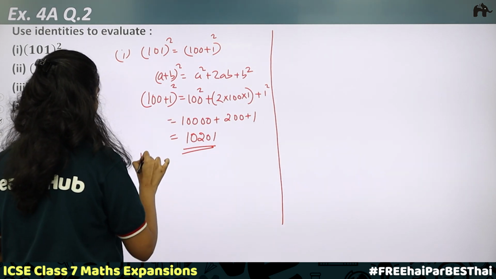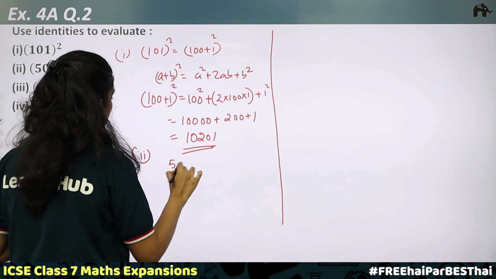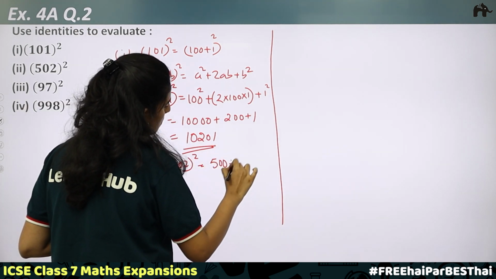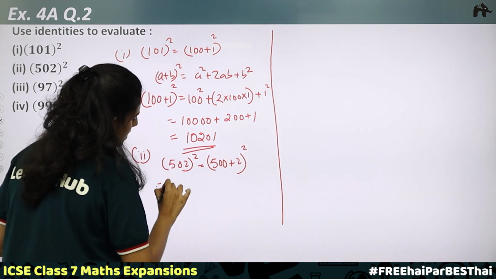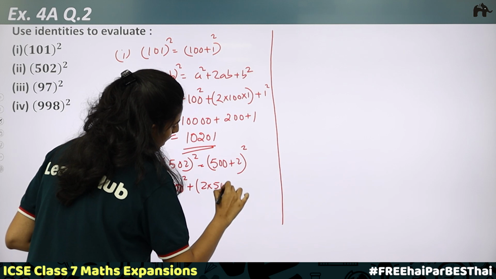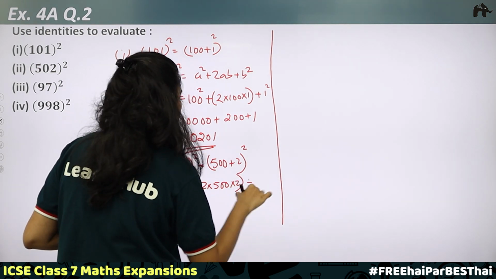Now, the second one, 502 whole square will be equal to 500 plus 2 whole square, which is 500 square plus 2 into 500 into 2 plus 2 square.